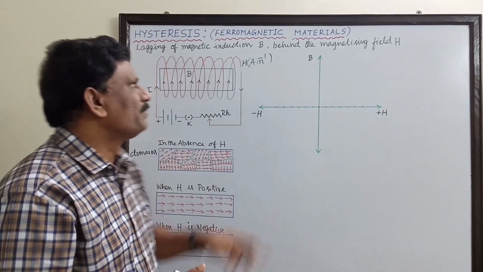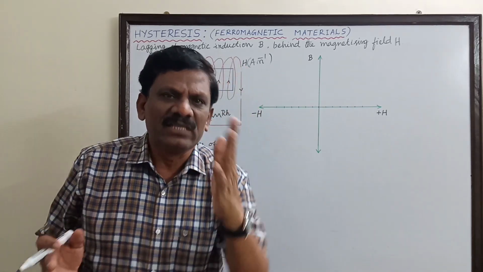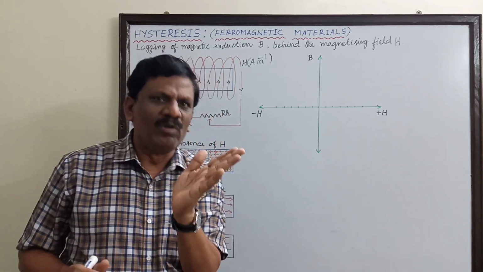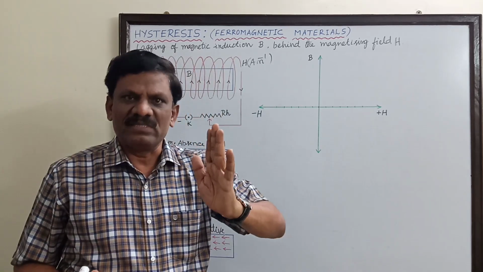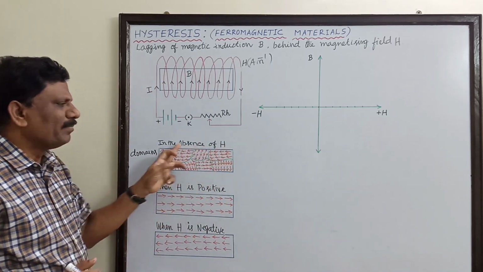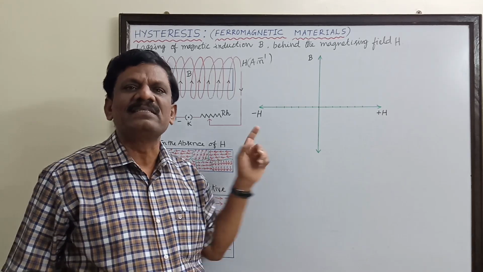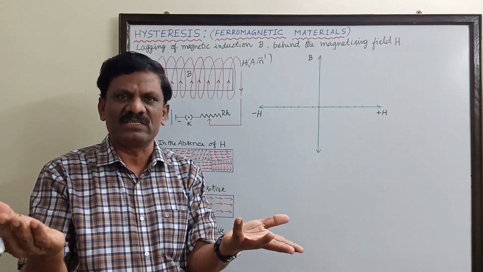Like that, as per the order given by the magnetizing field, the direction or the orientation of the dipole moment changes continuously. Understand? Now in the absence of the magnetizing field, all the atomic dipole magnets present inside the sample will be in different directions.